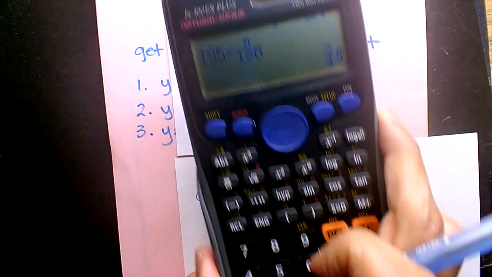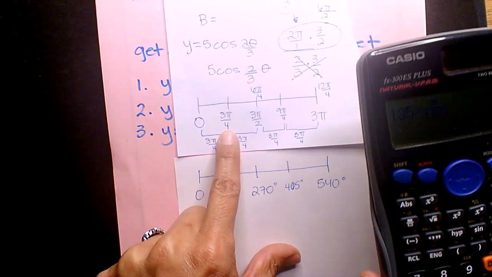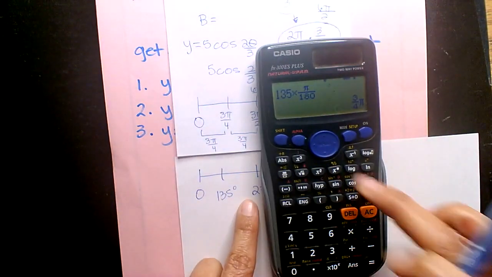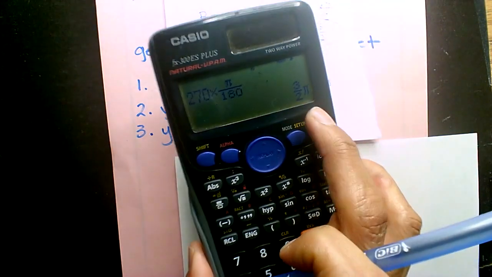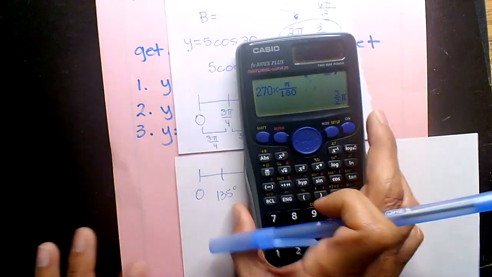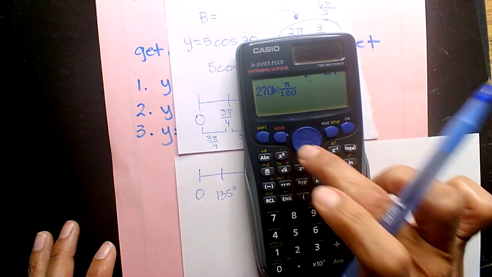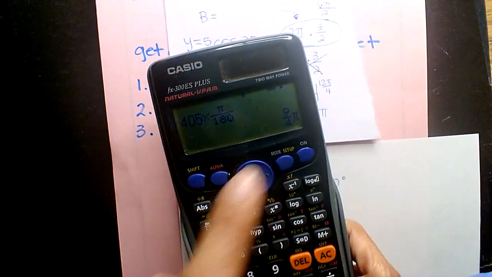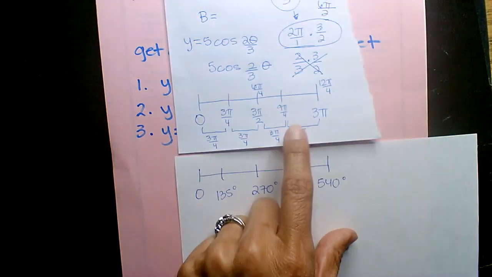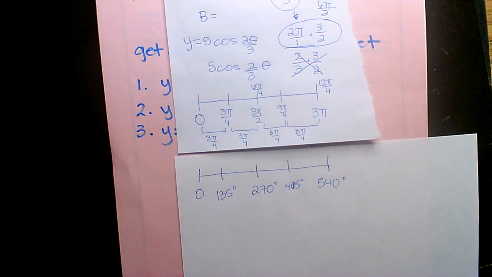Go to 270, and that gives me 3 pi over 2. 405 gives my 9 pi over 4. You figure out what you like. Now you have to go another cycle.